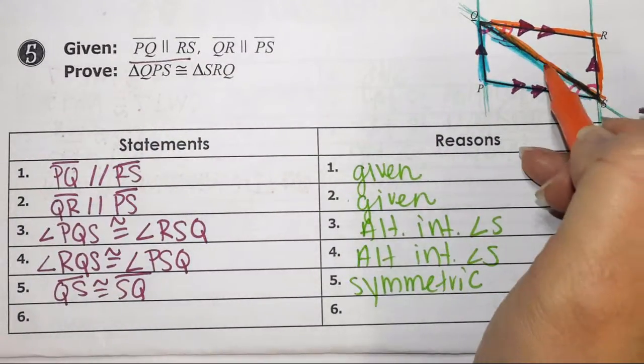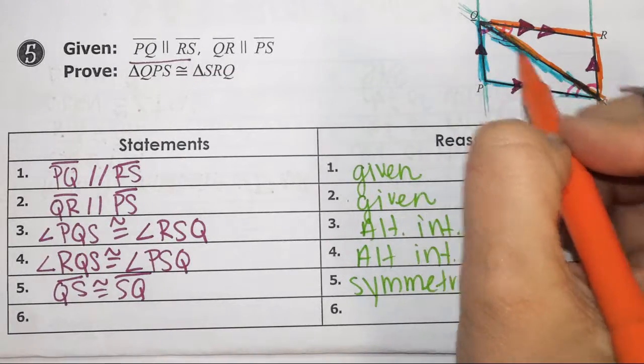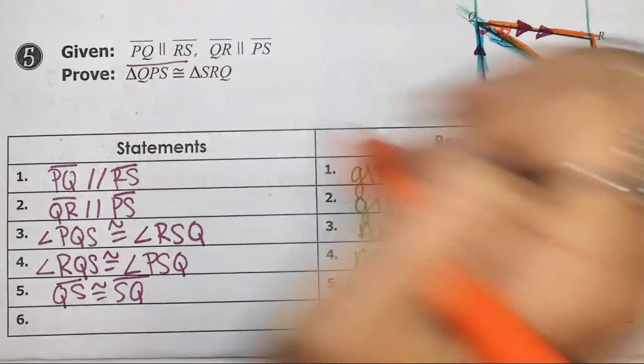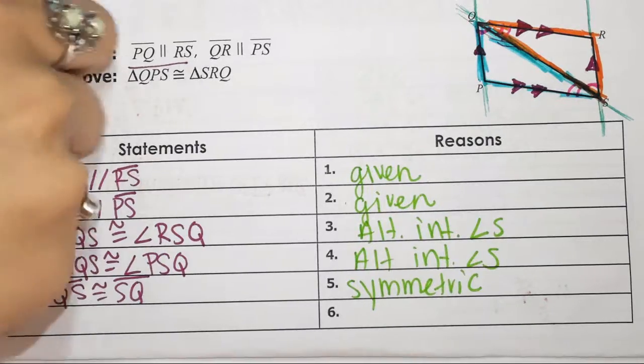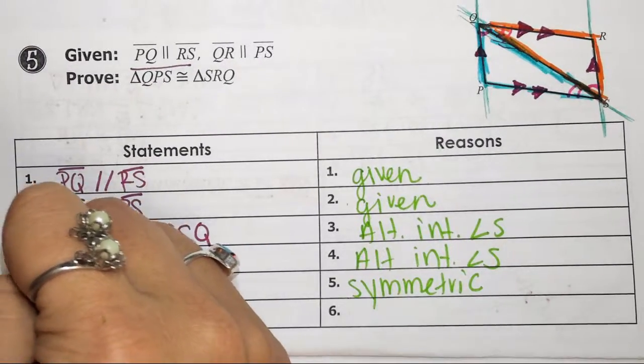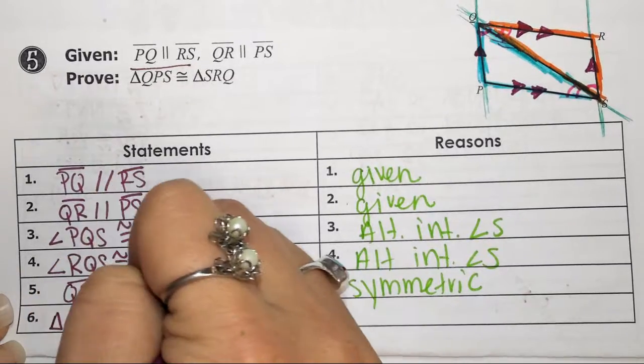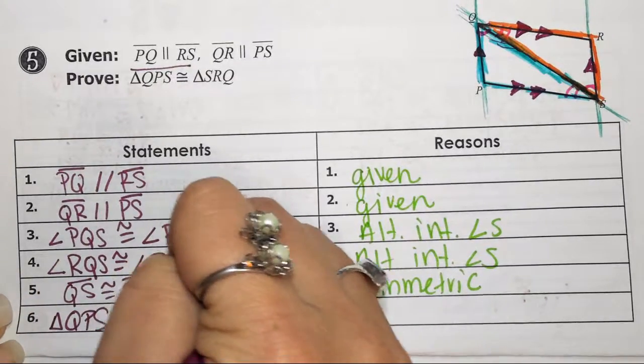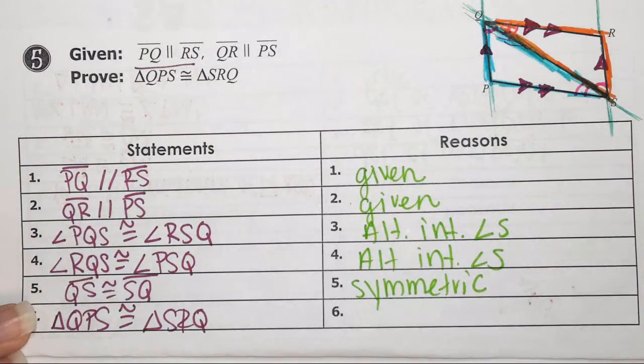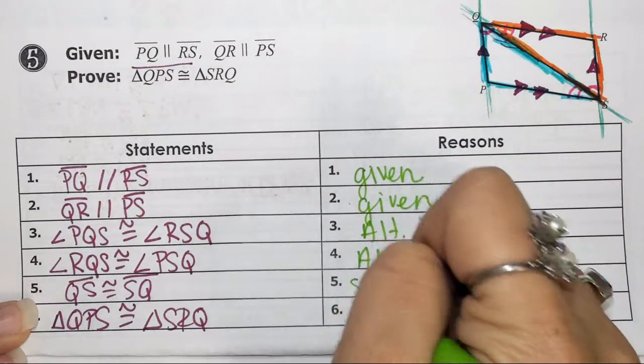So we have an angle, a side, an angle. Then we have an angle, a side, an angle. How are these 2 triangles congruent? By angle, side, angle. So triangle QPS is congruent to triangle SRQ by angle, side, angle.